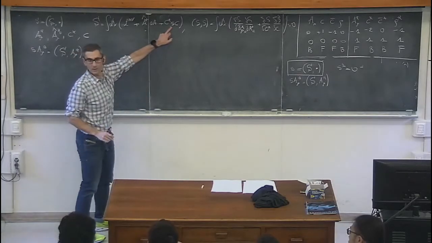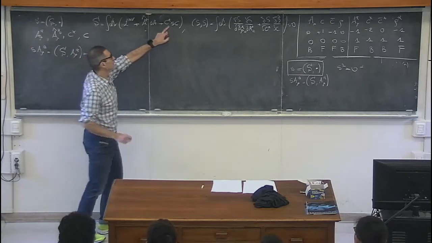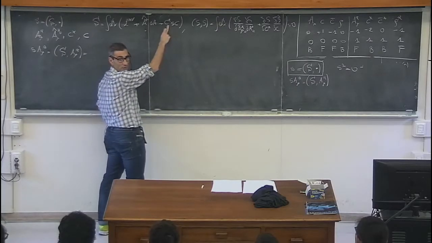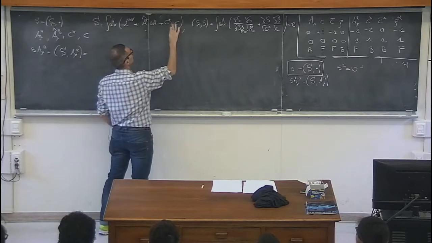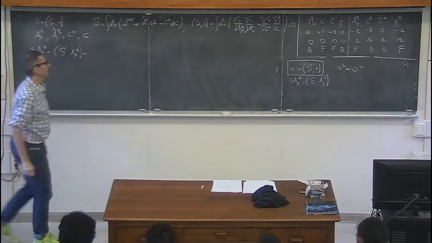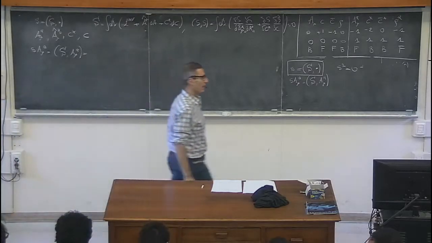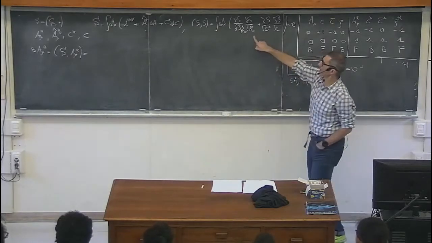This is just the coupling of the C star, which is the antifields, to the BRST variation. So that was small s. Yes. Big S is just the action here.